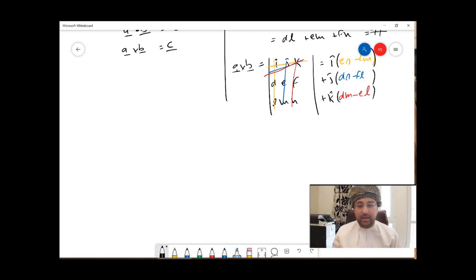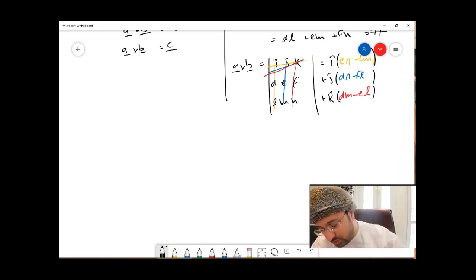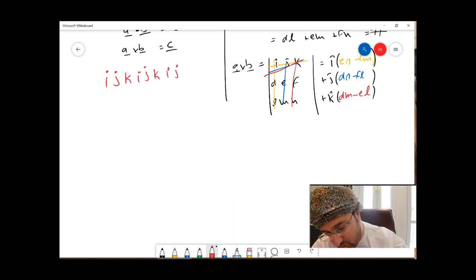Okay, now we said there's an easy way to think of it. Straight is plus, reverse is minus. And the way we did it was, we said I, J, K, I, J, K, I, J, K. We're going to write it this way.